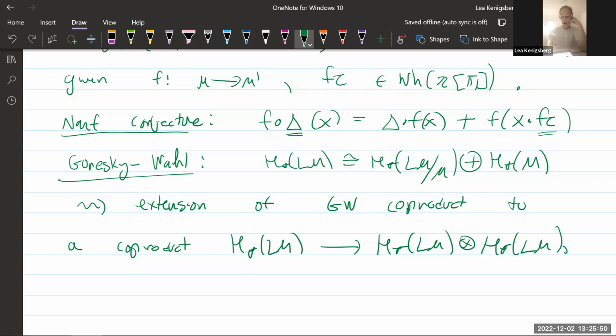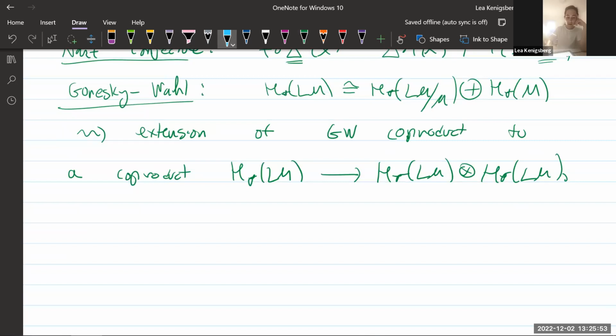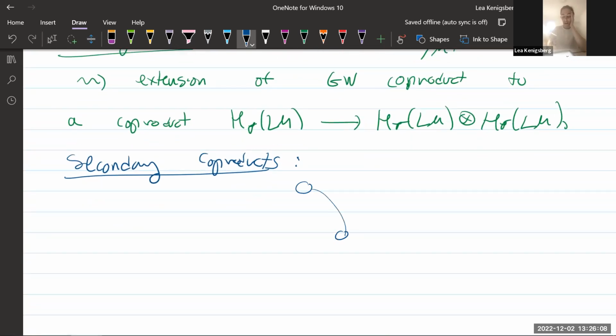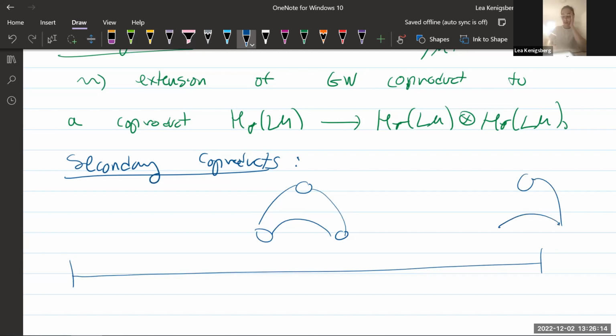Okay, so let's maybe go back to symplectic homology. So you can define secondary coproducts. And the idea is, just as in the case of the Goresky-Hingston coproduct, your moduli space is now parameterized by the interval, and you interpolate between all the choices that you can make for the slopes of the Hamiltonian.